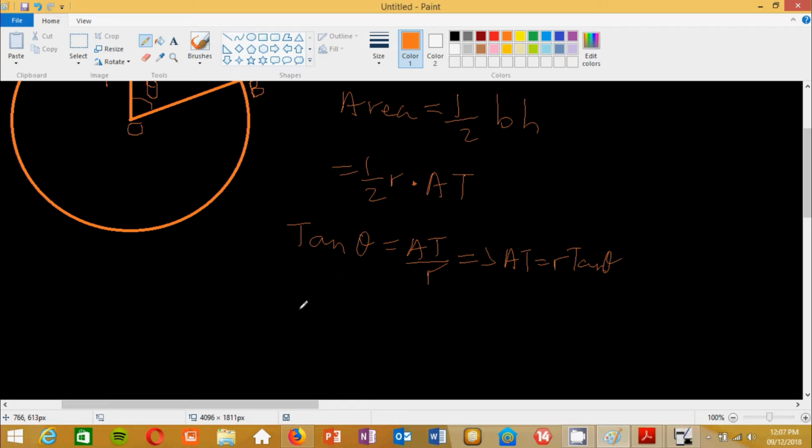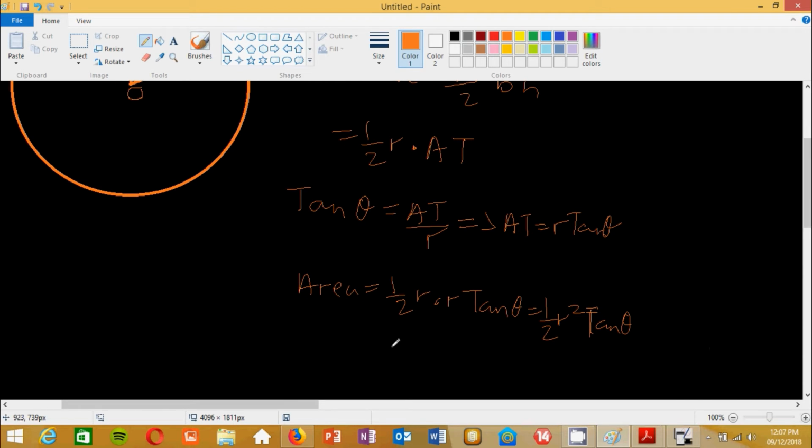So my area, therefore, is equal to a half r multiplied by r tan theta, which is a half r squared multiplied by tan theta. So this is going to be the area of my triangle.